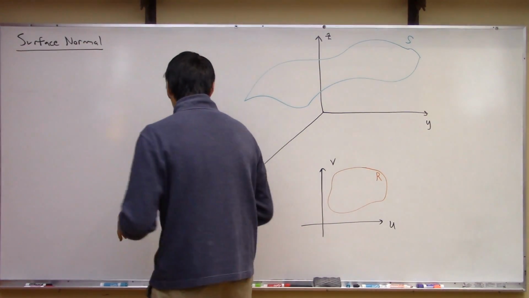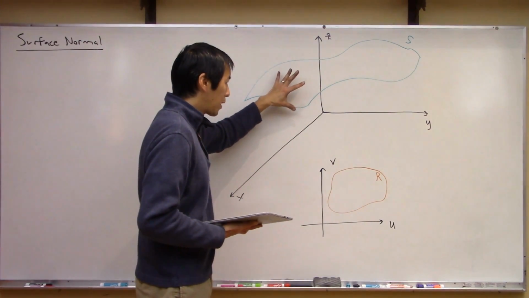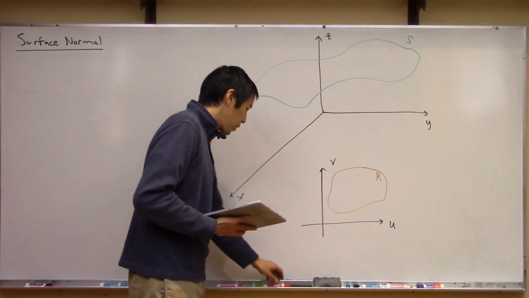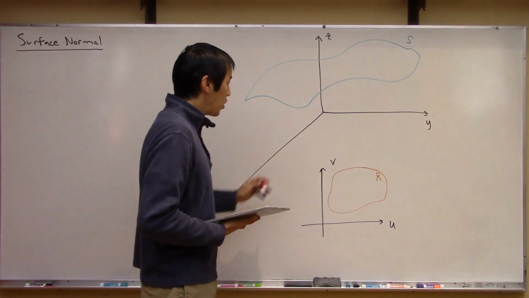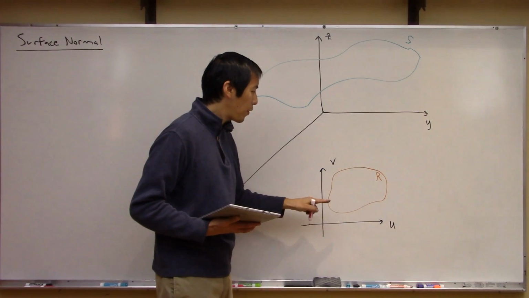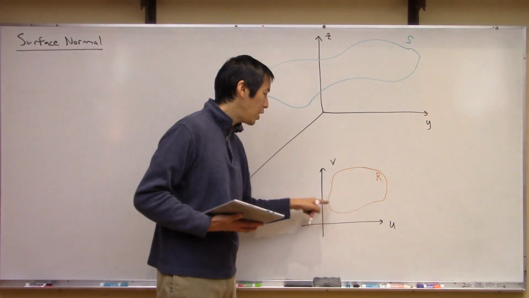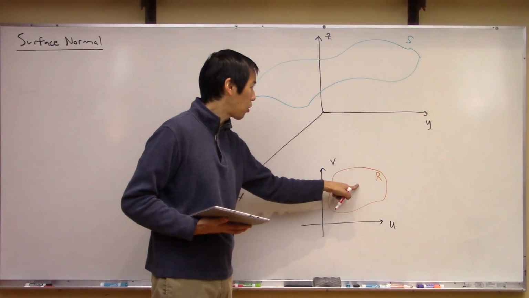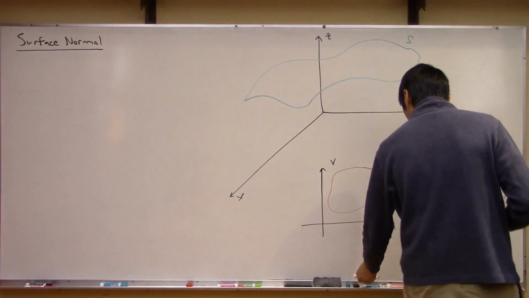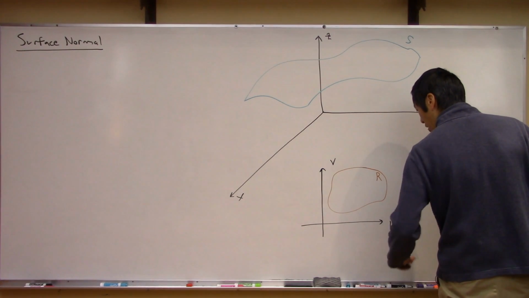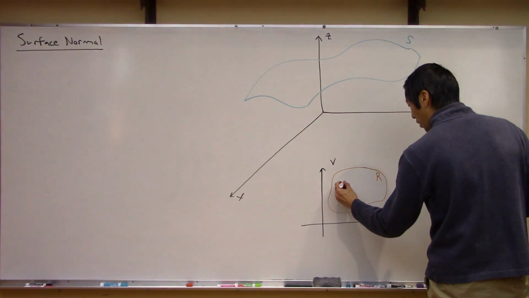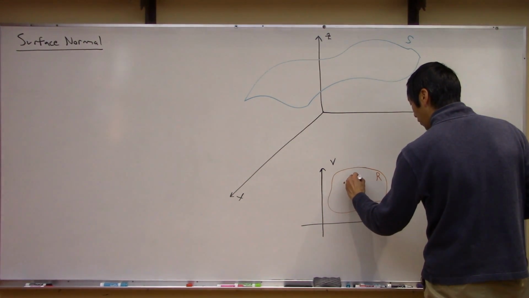So let's take a look at this picture. Here's the general idea, just to refresh our memory. We've got some surface S, which is defined by first looking at a parameterization and defining a region in UV space. Let's call this region R. Then we pick some location in R, say here, so here's u and v.